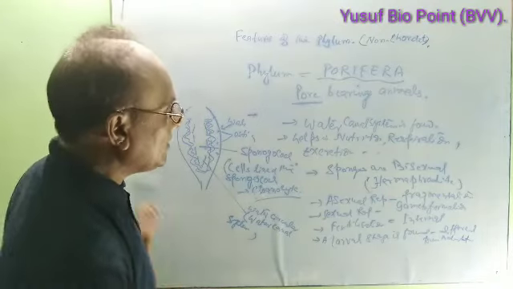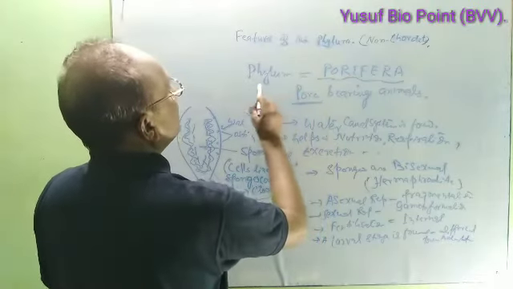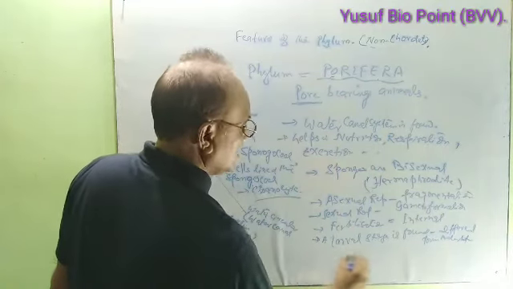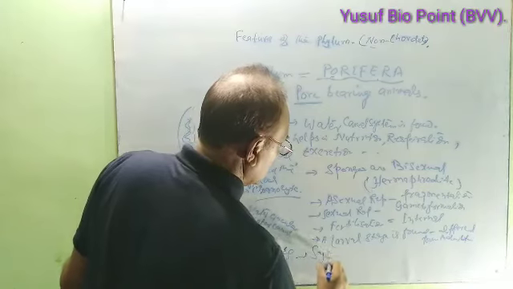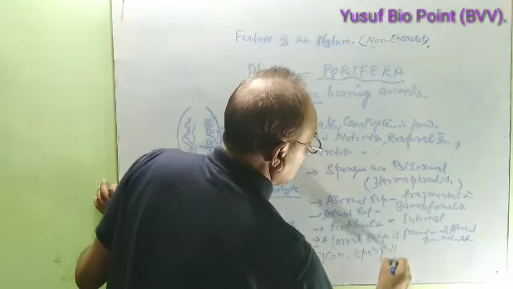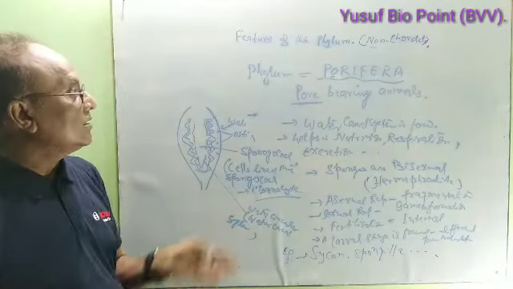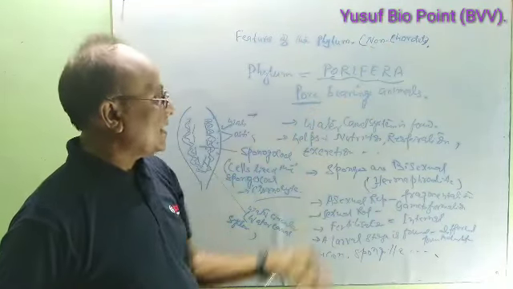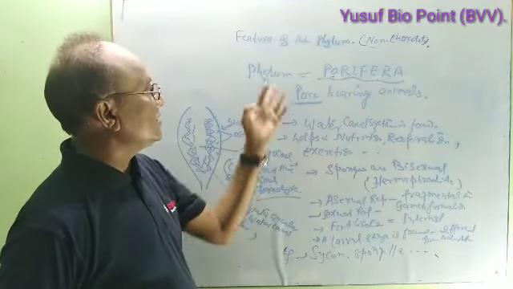Okay, so these are the features of the phylum Porifera of non-chordates. Examples: Scypha, Spongilla, etc. So we have studied the first non-chordate phylum, Porifera, and we have seen that such characters are found in this phylum.